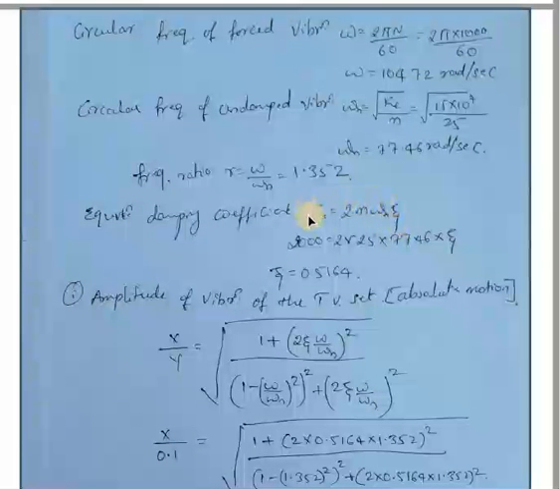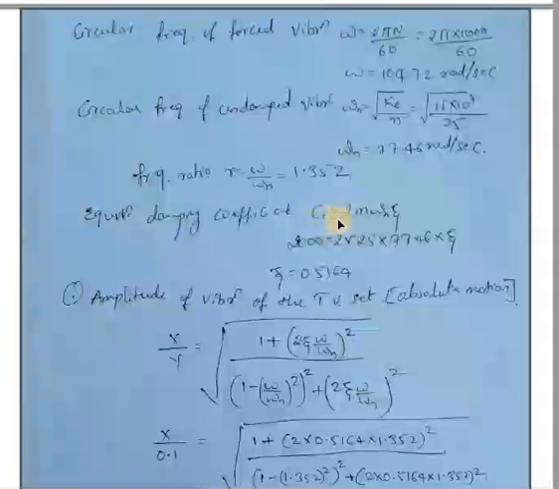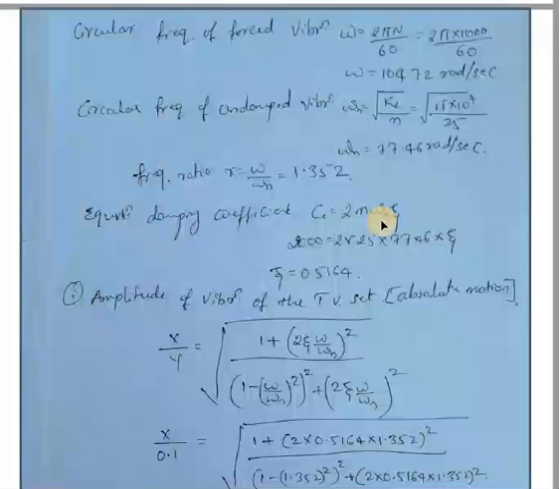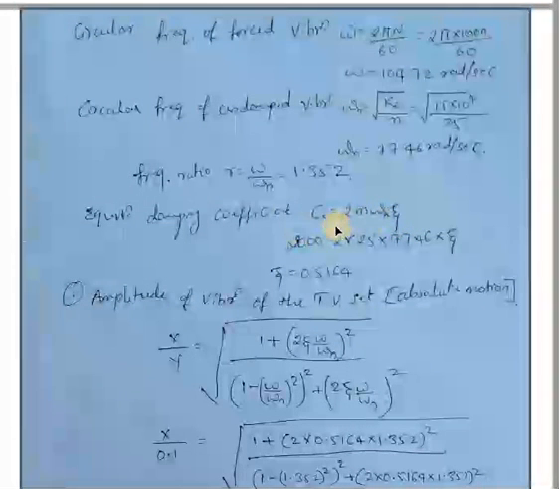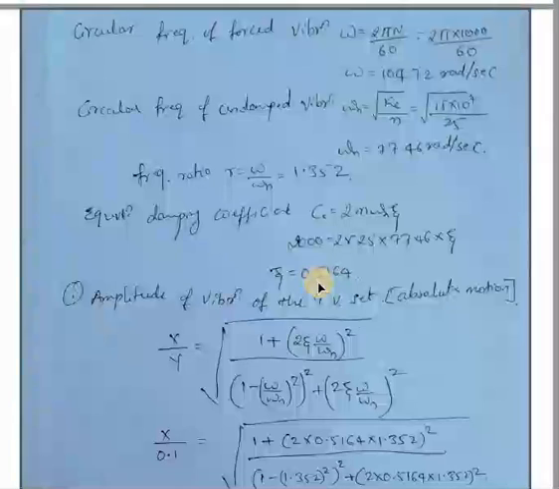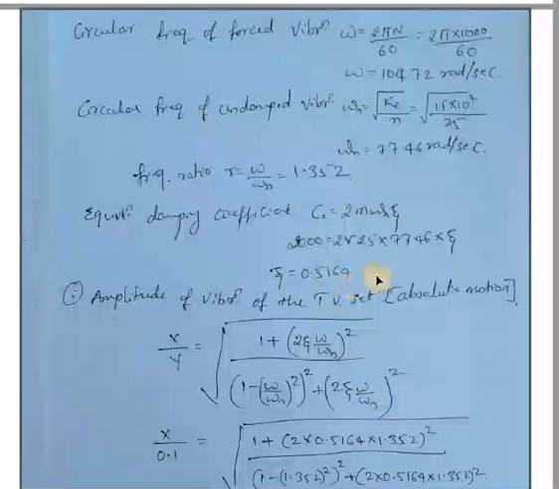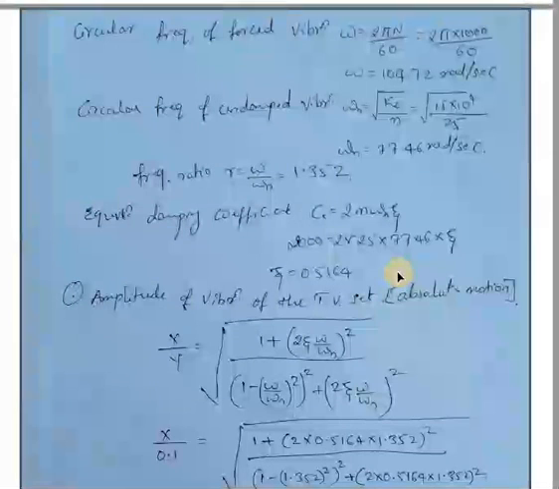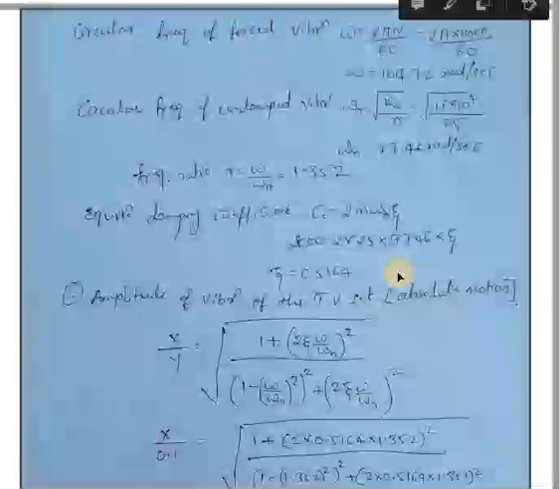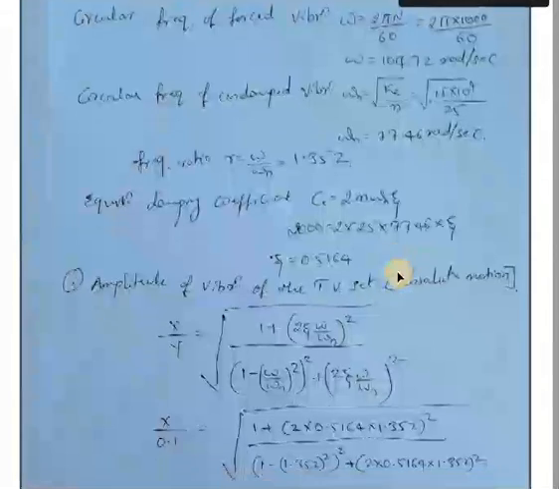In this equation the only unknown is zeta, because Ce is already calculated, m is given, and omega n you have calculated. So with the help of this equation, you calculate zeta as 0.5164.